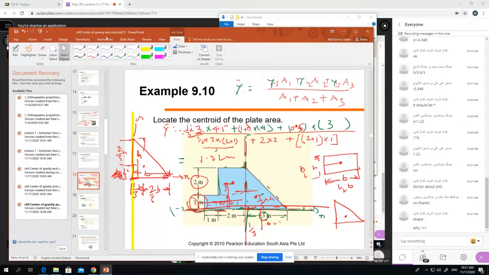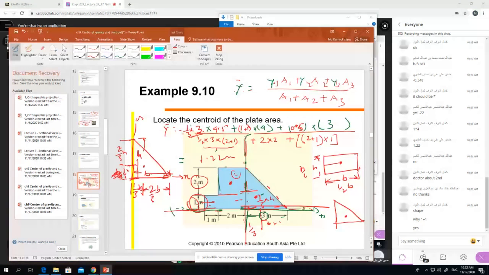Why y1 plus 1? We are calculating the y distance. Look, our second part, this is section 2, right? The center is here. Now we are calculating the distance from the x-axis.